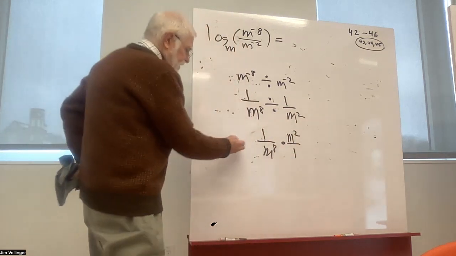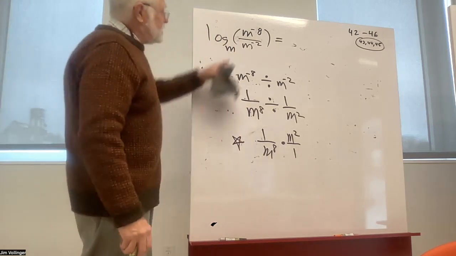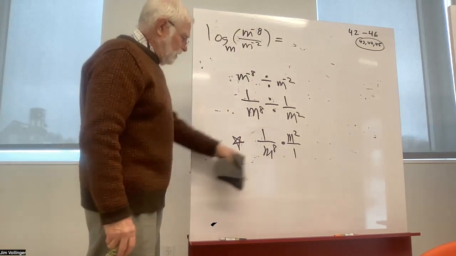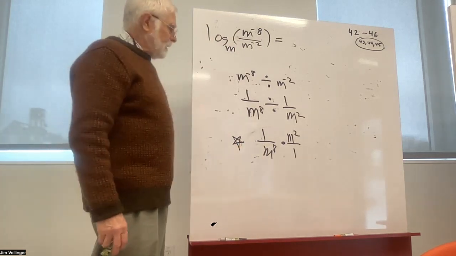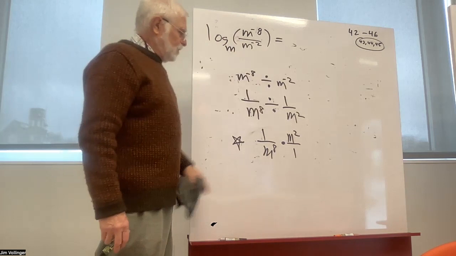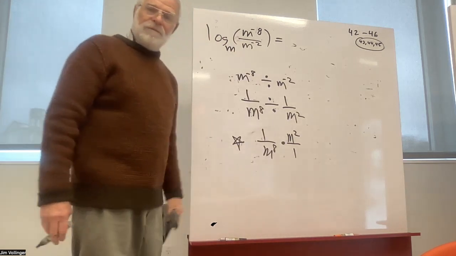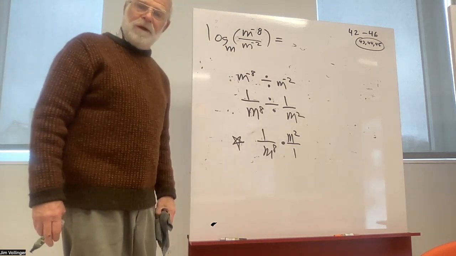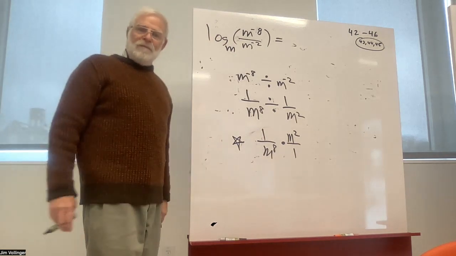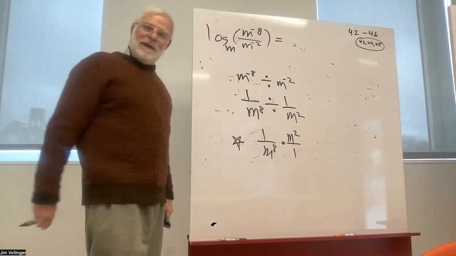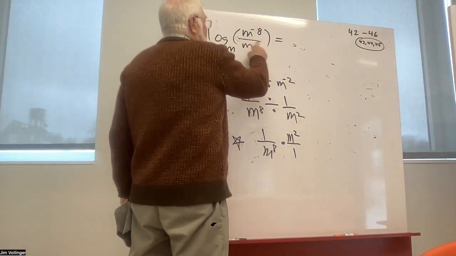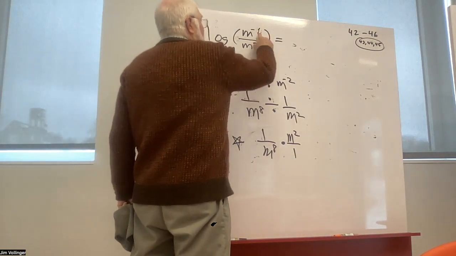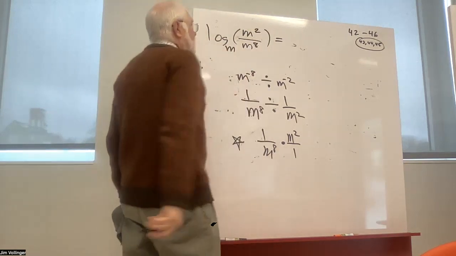I look at this line of work and I see m to the minus 8 in the numerator, but expressed as m to the 8 in the denominator. And I see m to the minus 2 in the denominator, which eventually gets moved to m to the positive 2 in the numerator. I think I can move negative exponents into the other location. I'm going to make the minus 8 positive 8 right here, and the minus 2 positive 2 right there.